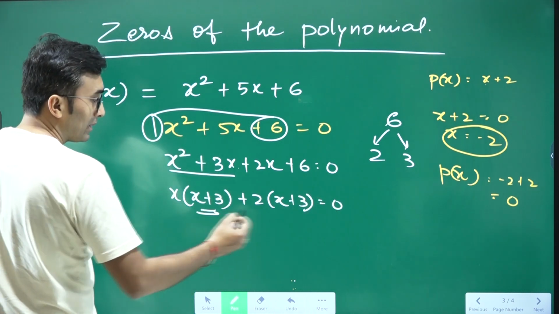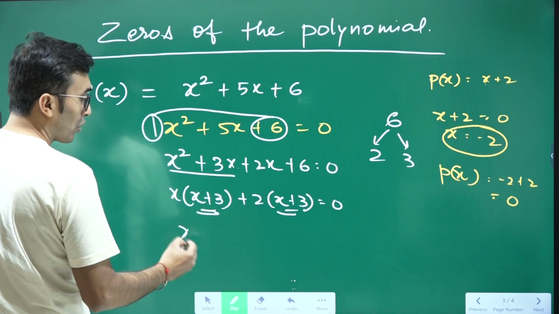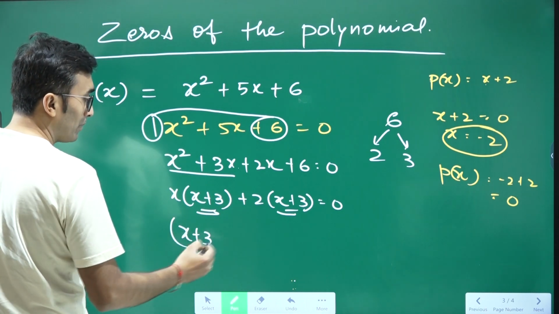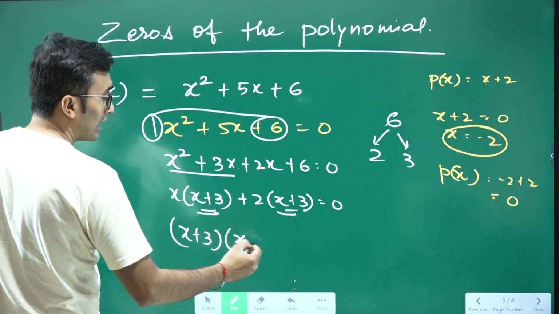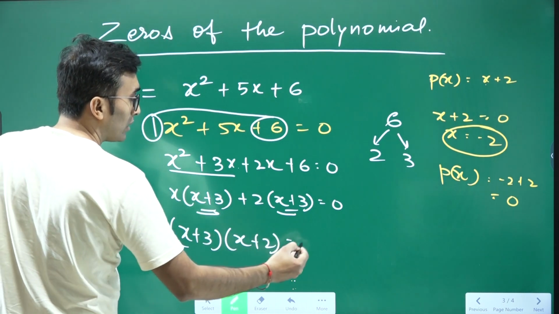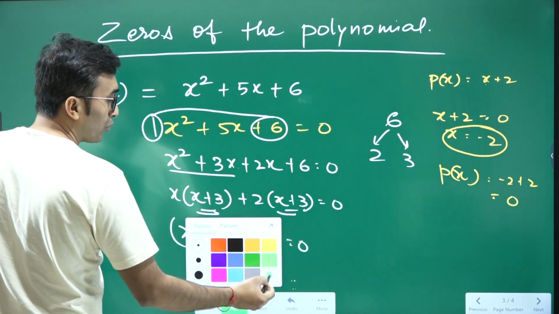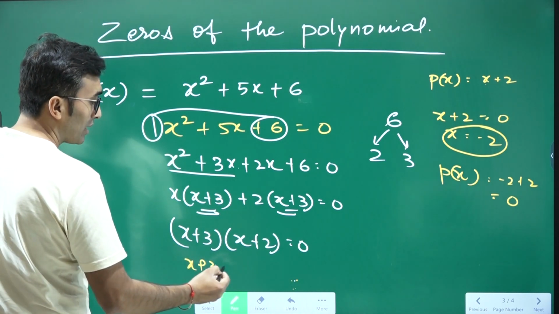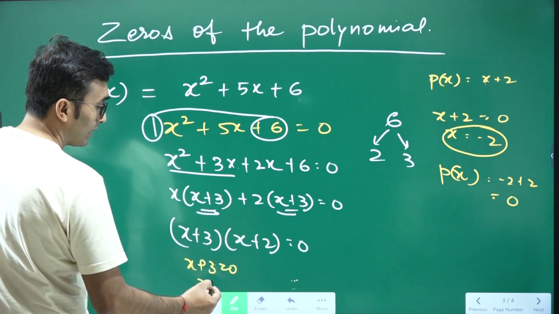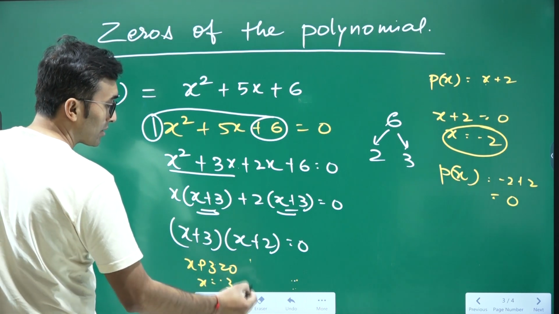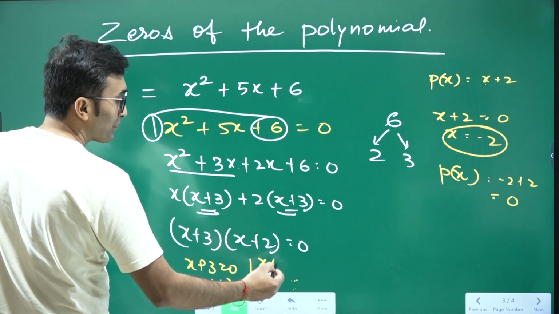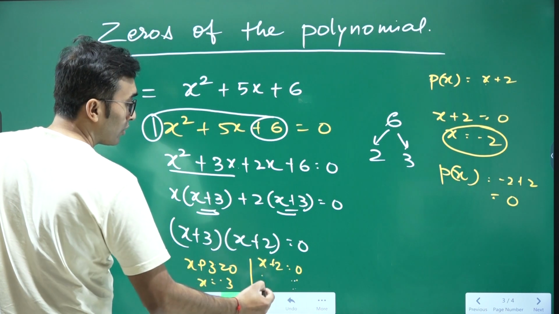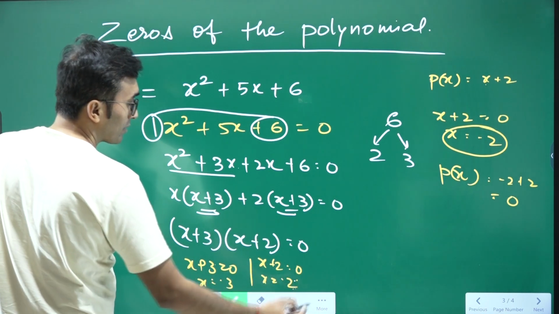Now x plus 3 is common, so we are left with (x plus 3)(x plus 2) equals 0. Now equate both of them to 0: x plus 3 equals 0 gives x equals negative 3, and x plus 2 equals 0 gives x equals negative 2.